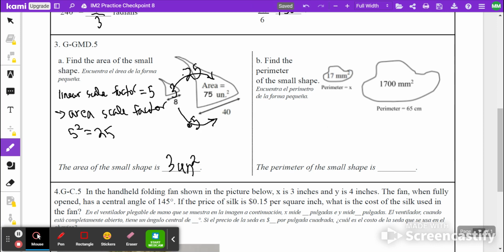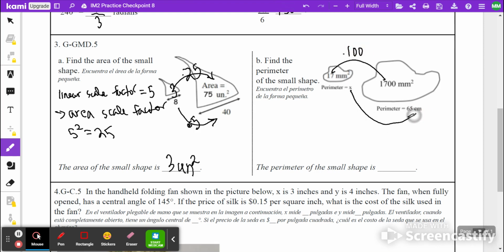Okay, now we're going to find the perimeter of the small shape. So our area scale factor, looks like we're multiplying by 100. So our area scale factor is times 100.